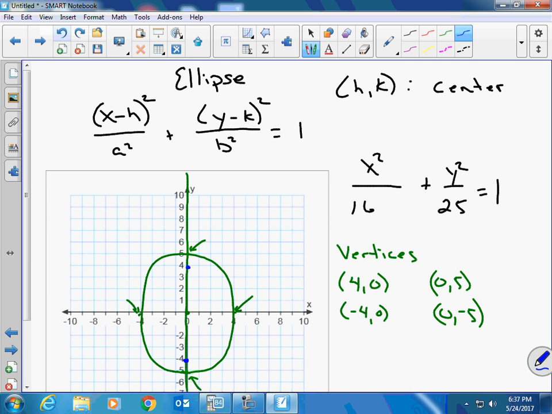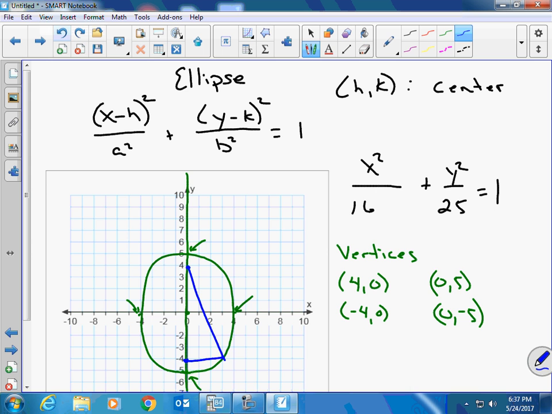And the distance between each focal point and, let's say, this point on my graph right there: if I add these two distances together, the distance from that point on my graph to both focal points, it will always be 2a. That's the definition of an ellipse.